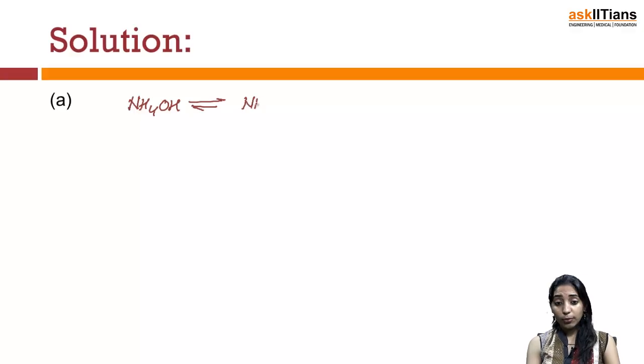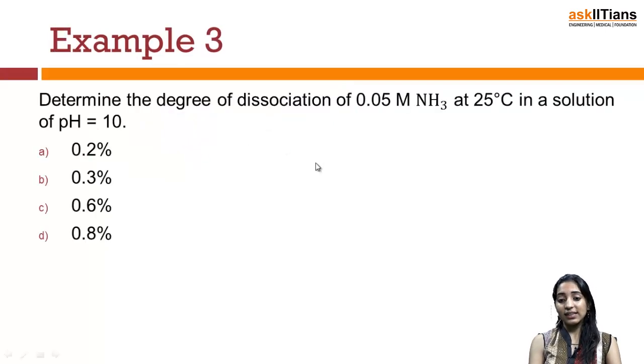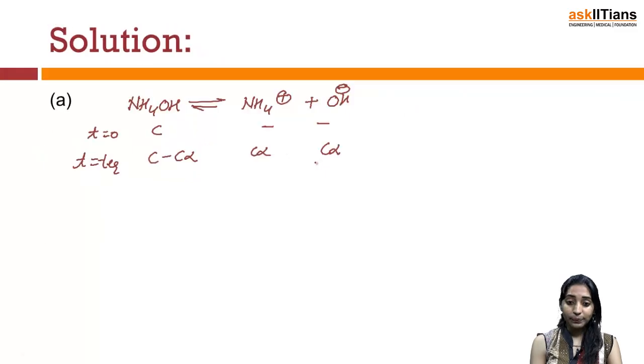And if I am calling it ammonium hydroxide, I will say it gets dissociated to form NH4 positive plus OH minus. So if the concentration is C, let's say this is 0, 0 at time T equal to 0. Now at time T equilibrium, I will say C minus C alpha, this is C alpha, so this is C alpha.